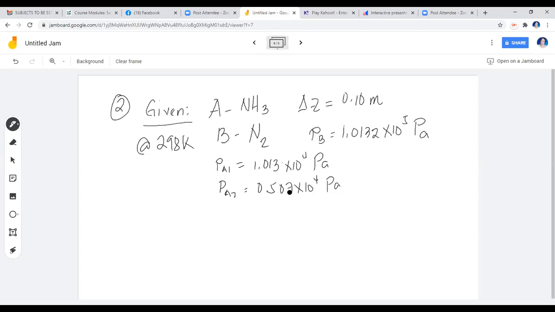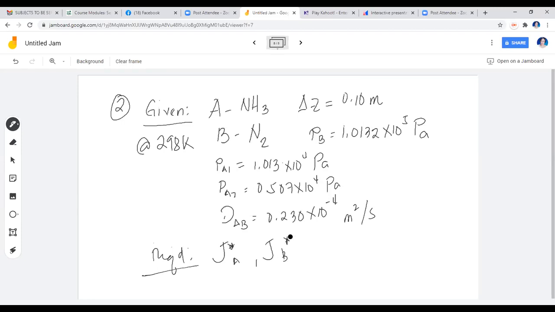And then we're given the diffusivity of A to B, which is 0.230 times 10 raised to negative 4 meters squared per second. Now, the required information is we calculate both fluxes, and let's see whether they'll be the same. So we go to the solution.